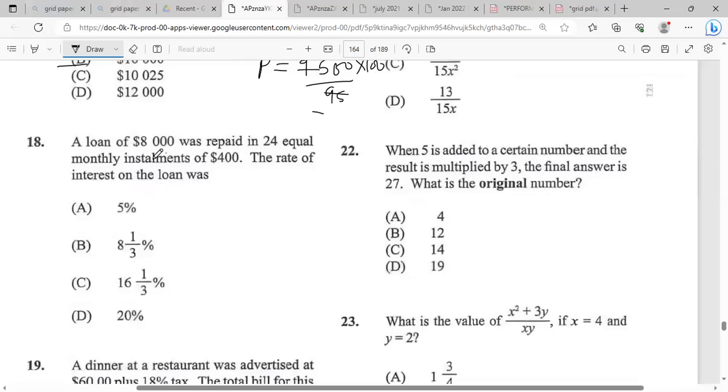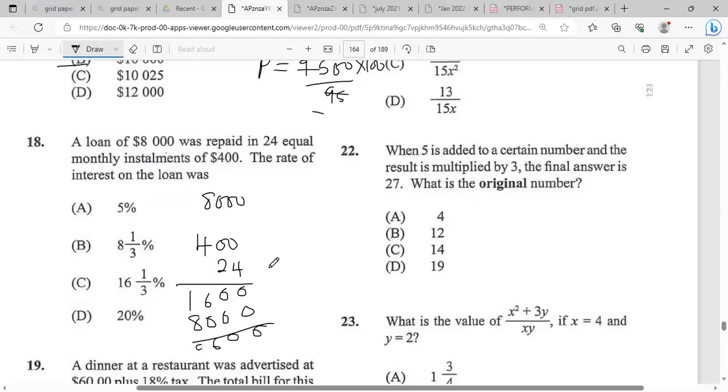A loan of $8,000 was repaid in 24 equal monthly installments of $400. The rate of interest of the loan was, so since it's 8,000 borrowed and you pay back 400 times 24, which works out to 9,600, right?